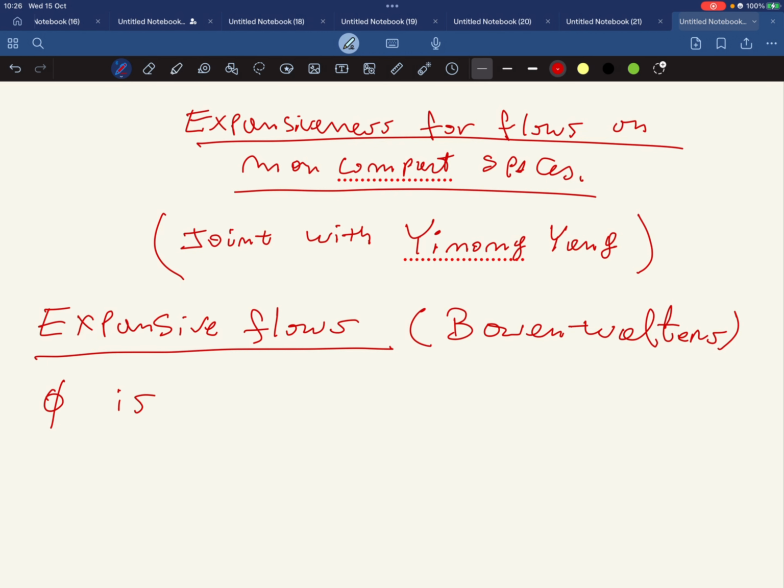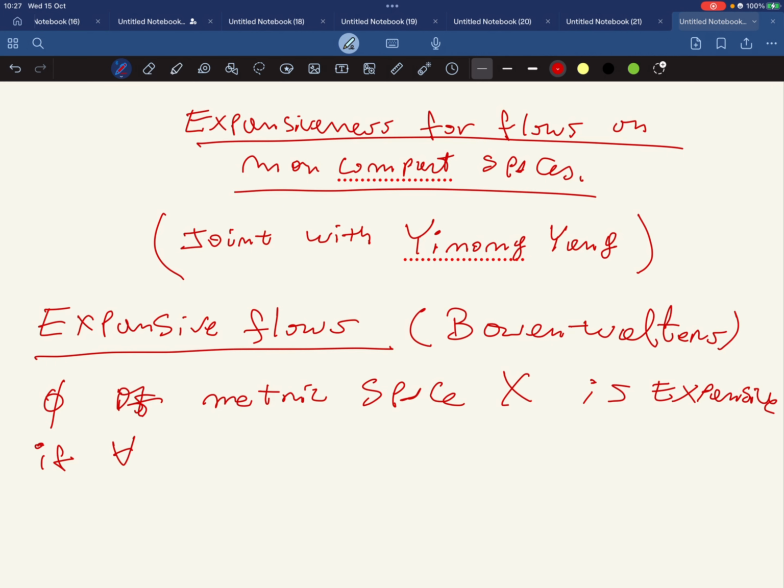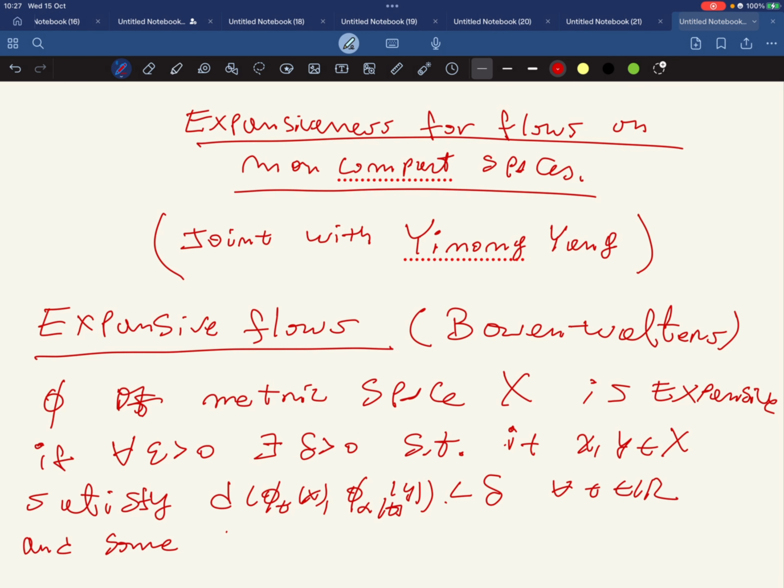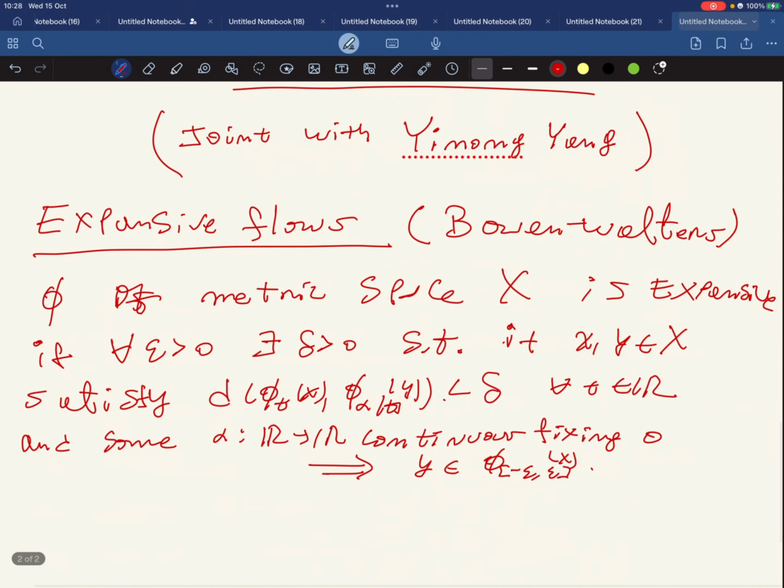A flow phi of a metric space X is expansive if for every epsilon positive there is a delta positive such that if two points x and y in the space satisfy distance between phi t of x and phi alpha t of y less than delta for every t in R, and some alpha from R to R continuous fixing 0, then y belongs to the piece of orbit of x between minus epsilon and epsilon. This is the classical definition of Bowen and Walters.